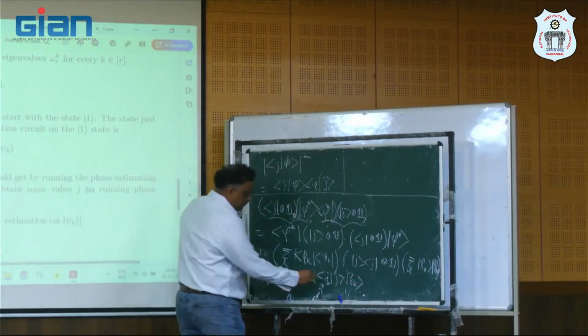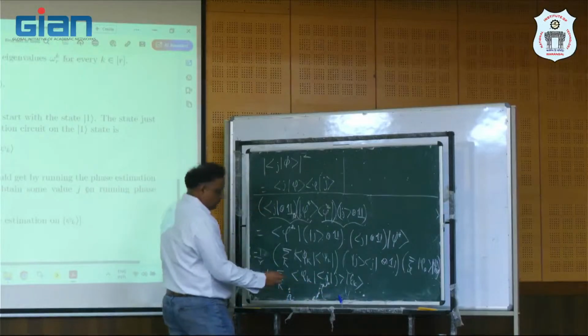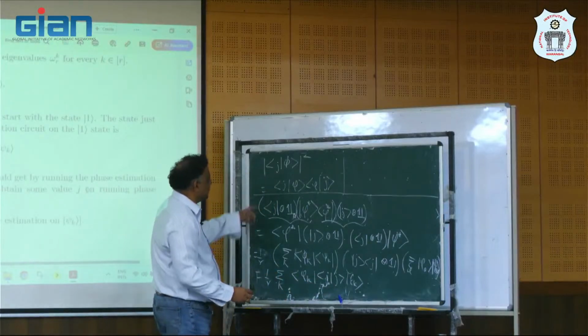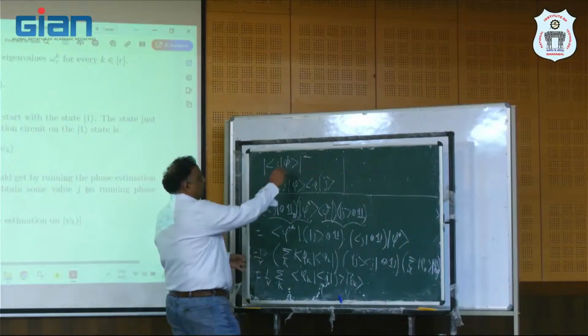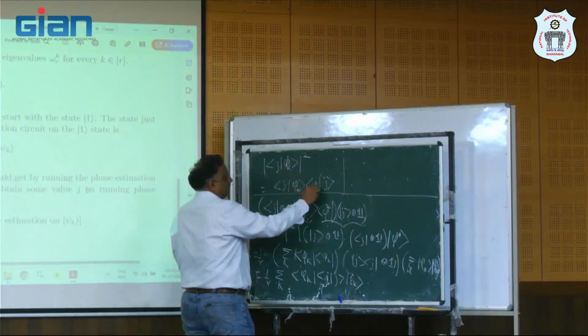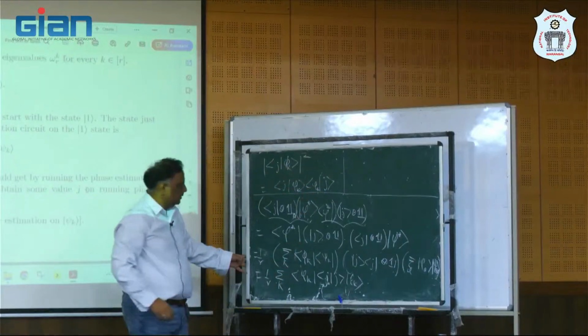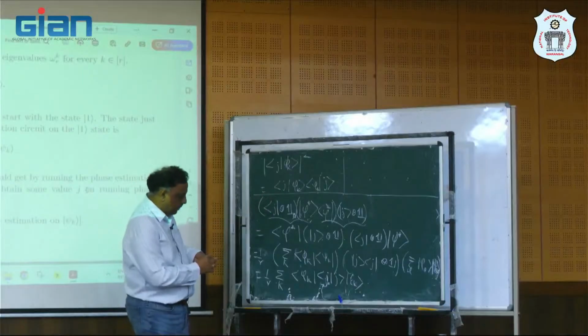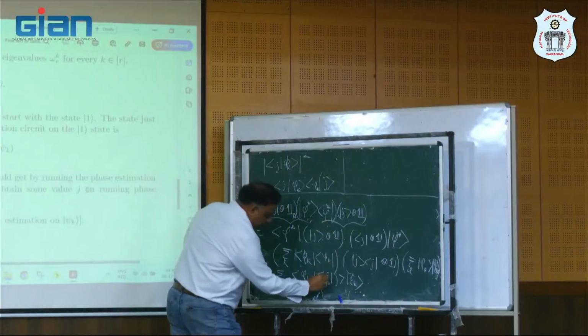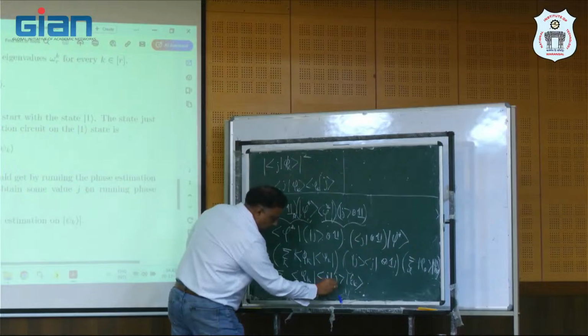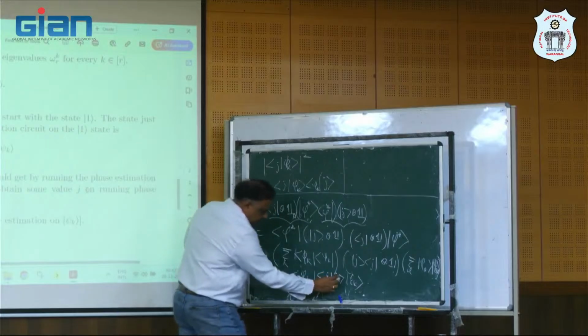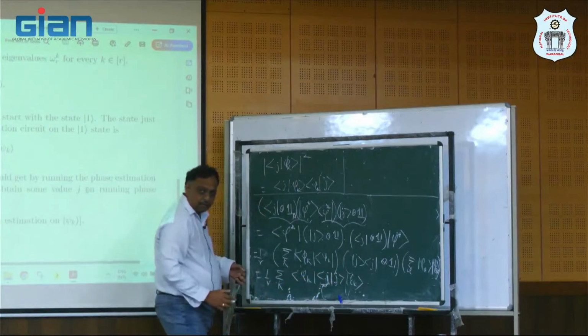What is this? This is the same as this. If I do for k, this is the same. Remember? Look here. I don't know whether you guys can see it or not. There's a J here, right?